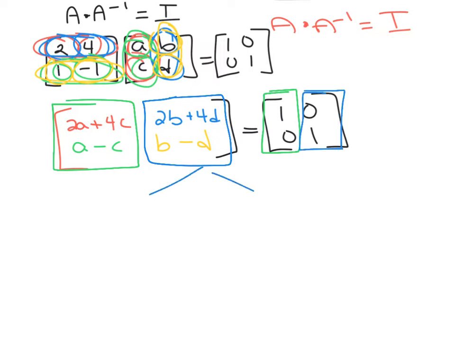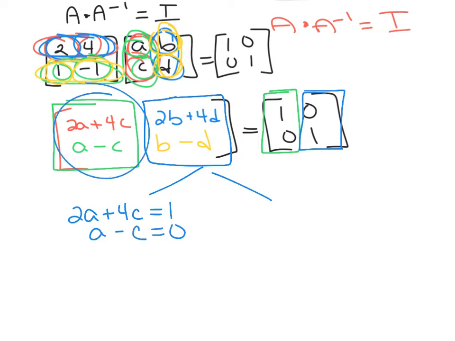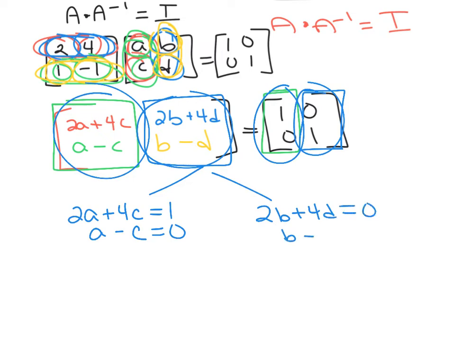So let's separate them. I'll have 2A plus 4C equals 1. I have A minus C equals 0. So that's from here. And now I have here is equal to here. 2B plus 4D equals 0. And B minus D equals 1.